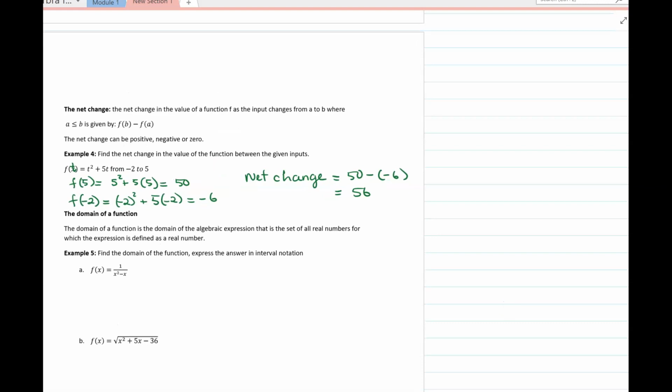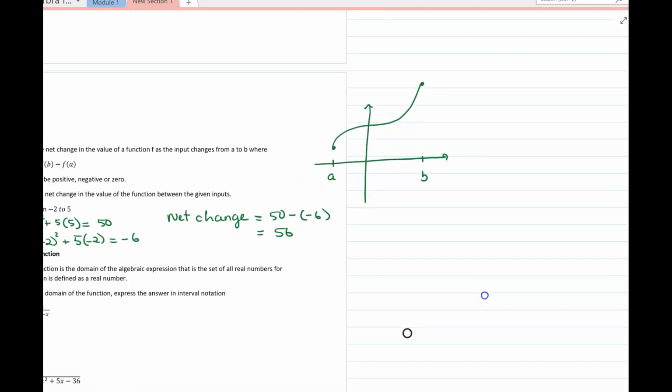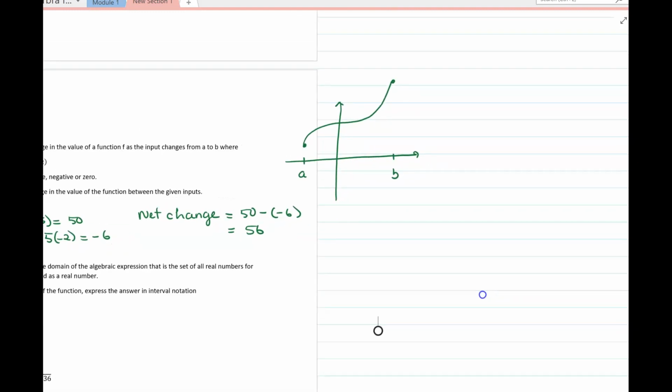So let's talk a little bit more about the net change. So you have a function. It's got to look like this. We're talking about the net change overall, how much change in the y direction it went in overall.